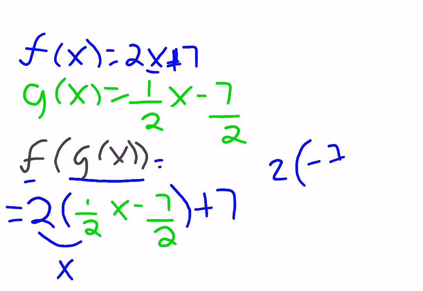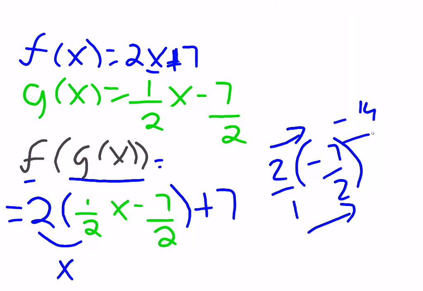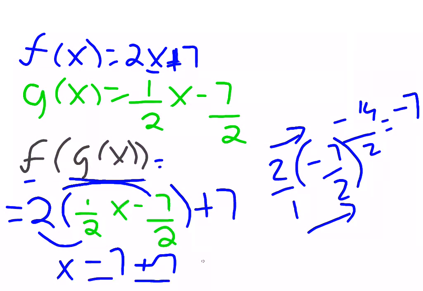That looks messy. Just want you guys to see what I'm doing. Negative 7/2. Okay, 2 is the same thing as 2 over 1. I know I'm multiplying across when I'm multiplying fractions, so I have negative 14 over 2, which is the same thing as negative 7. So I have x minus 7, after I distributed my 2 to both places, plus 7. And we know that negative 7 and 7 cancel, and so that just equals x.